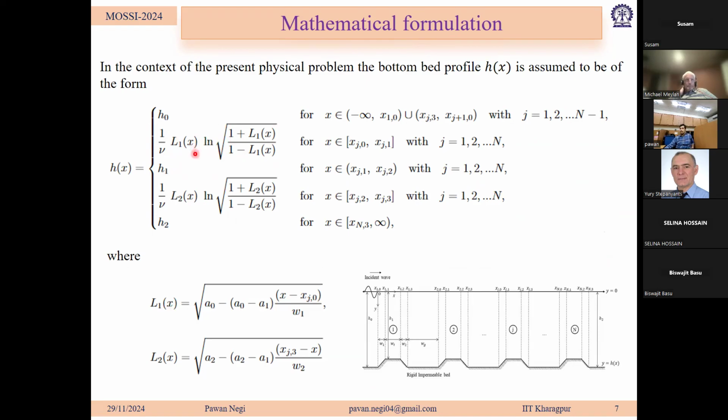And this can be proved easily using the function identity of tanh functions that I'll discuss in a later slide.